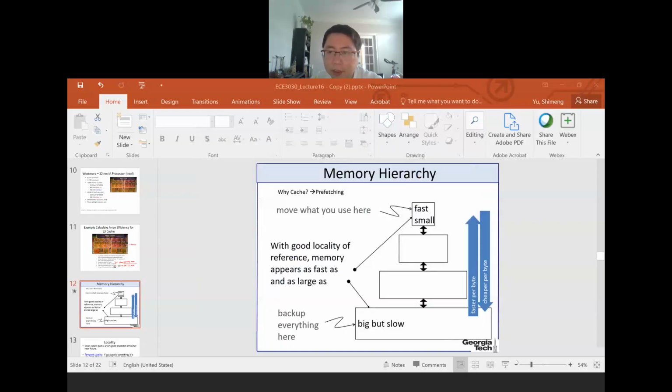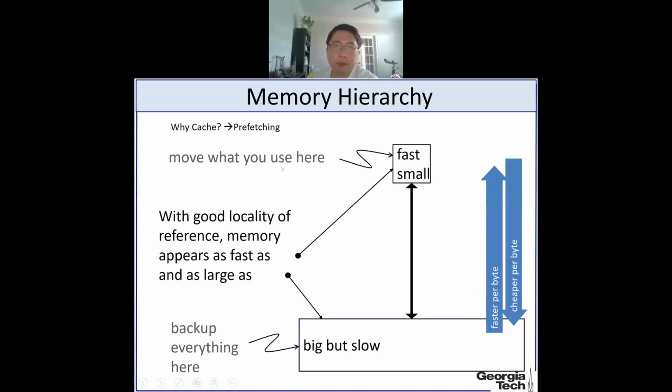Next, we are going to discuss why we want this memory hierarchy. So this is the memory hierarchy. We have seen that small capacity memory, like your L1 cache, can be very fast.